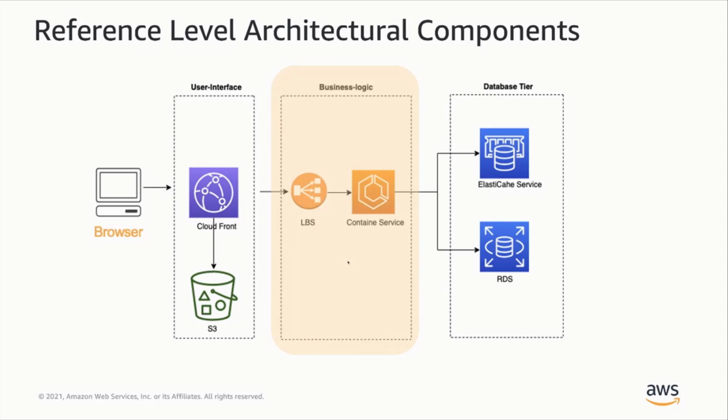And because of that, you can choose different types of databases that are suitable for your business logic, right? What I'm presenting on the screen is, in the database tier, we have ElastiCache and also RDS, which are being used in this example for different components or different containers.